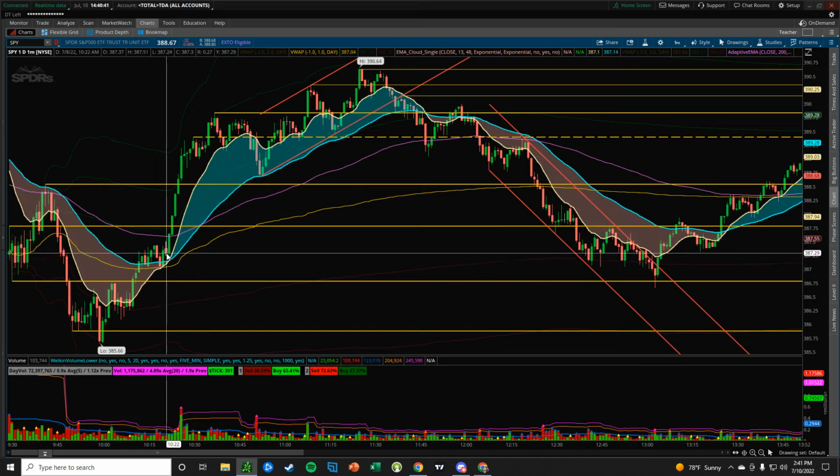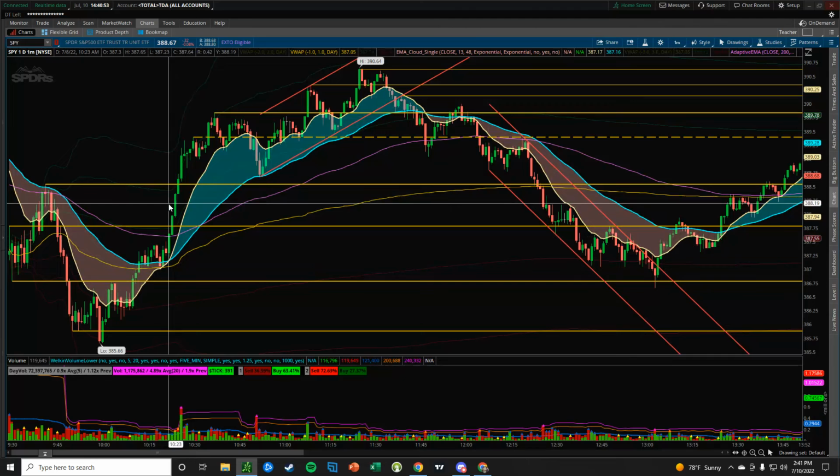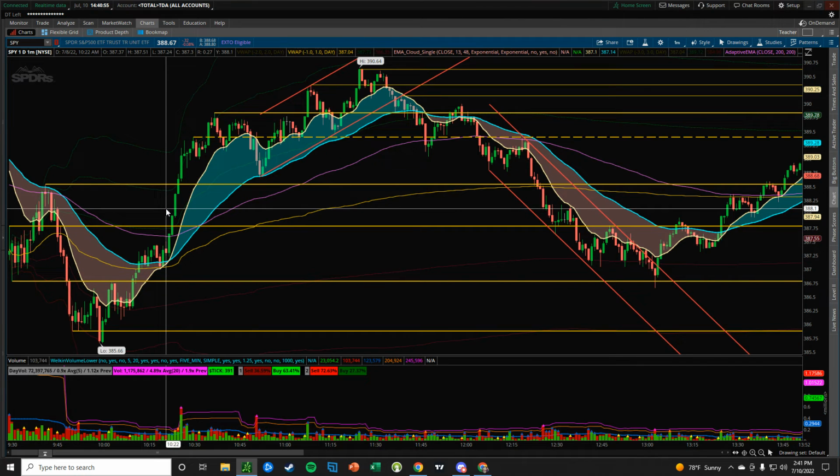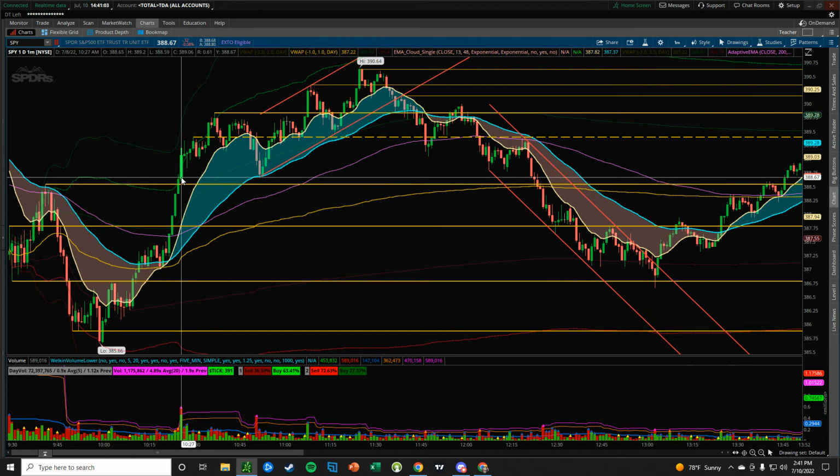Because if there's a huge initiating amount of volume from a consolidation, that's going to be the opposite. That is going to be your flag that the move is about to get going. Because what that tells us is a big order started that move, as opposed to a big order or a lot of orders finishing that move.